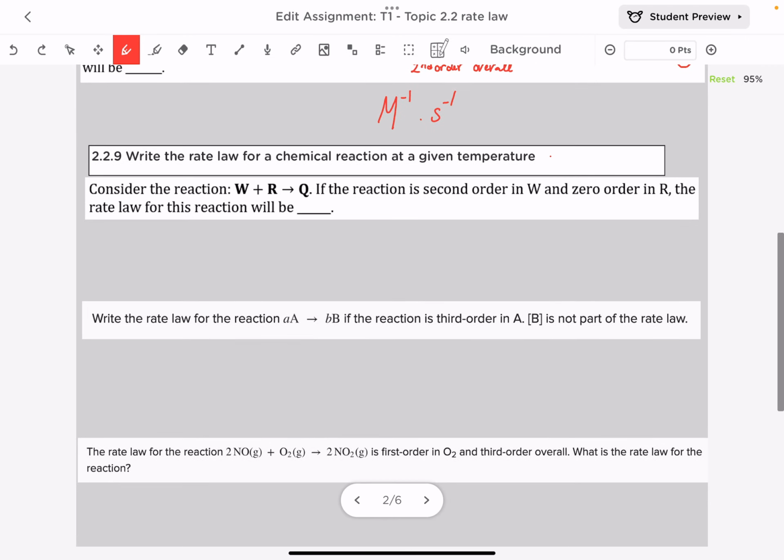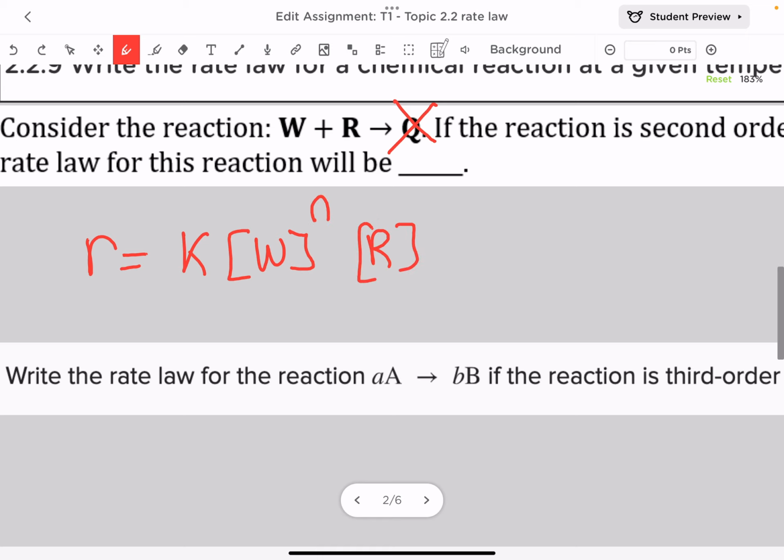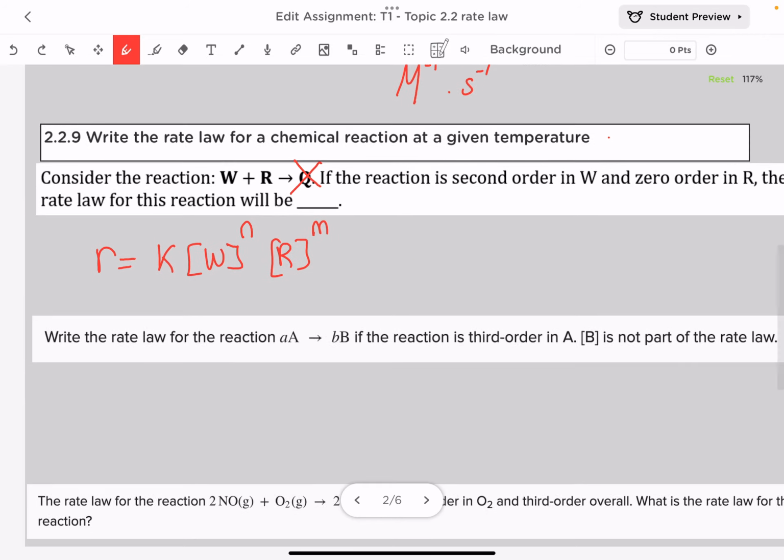Now, sometimes they ask you to write the rate law of a chemical reaction at a given temperature. So we read and we just apply the formula. W plus R gives Q. Q will not be included in the formula of the rate law. So the rate law is going to be K multiplied by the concentration of W to a certain order multiplied by the concentration of R to a certain other order.